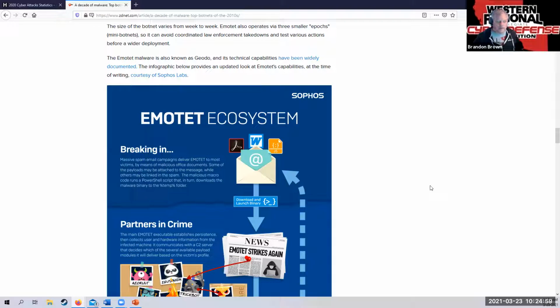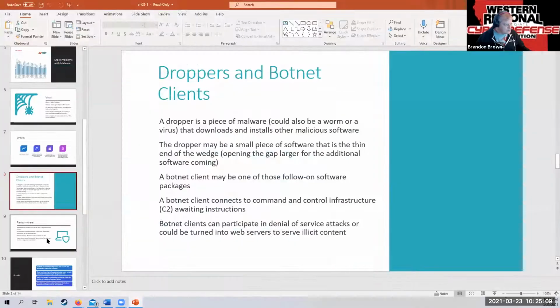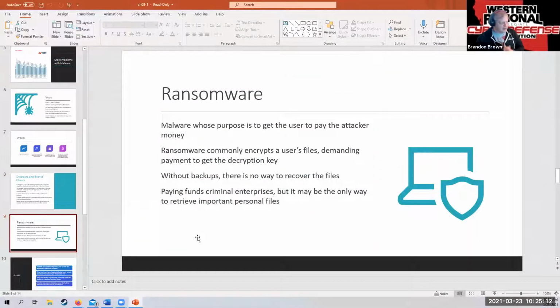So curtailing the botnet is not that hard. It's because it's not a very complex piece of software. I always find that interesting to talk about.